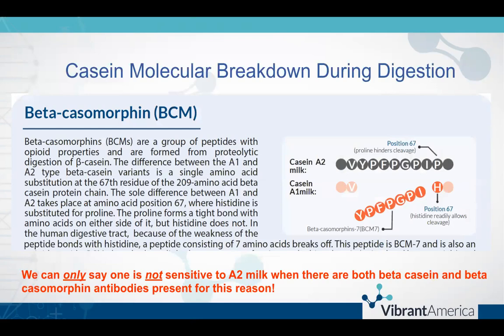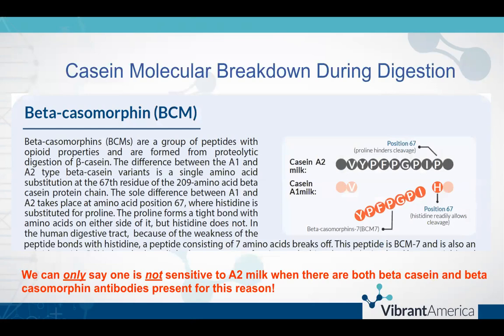Now, in the case of this protein digestion, if you have A1 milk, because the histidine is in that position, it is easier for enzymes to cleave this, and beta casomorphin is a peptide that breaks off. And that is where, when we see both casein antibodies and beta casomorphin antibodies, we know that that is A1 milk, because it had a histidine instead of a proline, and that bond was able to be broken and beta casomorphin was formed.